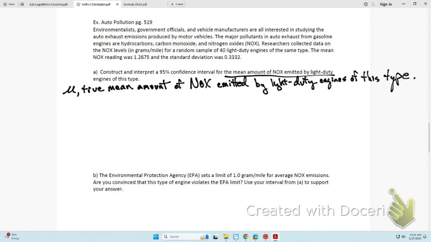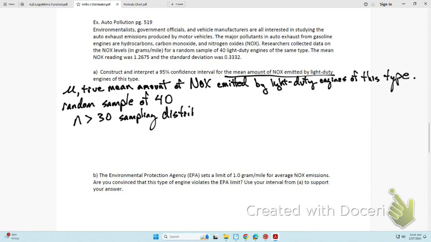All right, there's the beginning. Skim through the paragraph, and you see that we had a random sample of 40. 40 is greater than 30. Sampling distribution is approximately normal.